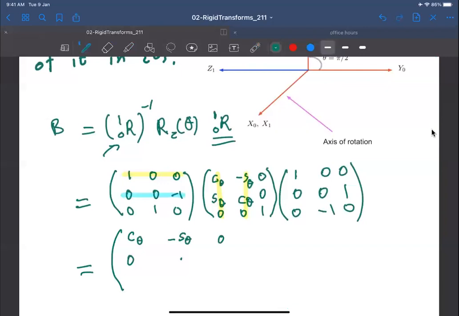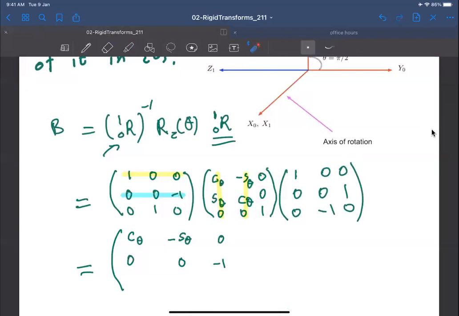Yeah, it's 0. So why is it 0? Because this times this is 0, this times this is 0, and this times this is 0. So their sum is 0. What about the last one? It is going to be a minus 1, because if you dot product this vector with this vector, you get a minus 1.